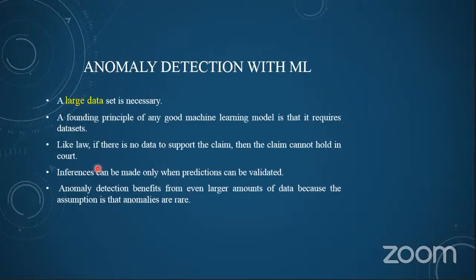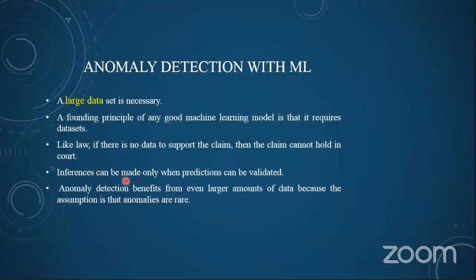Similarly, to create a machine learning model, we require a huge amount of data. And if we have 5 GB or 6 GB of data, again we need to sort out what is beneficial for us. That means valid data should be provided so that the model can be trained.